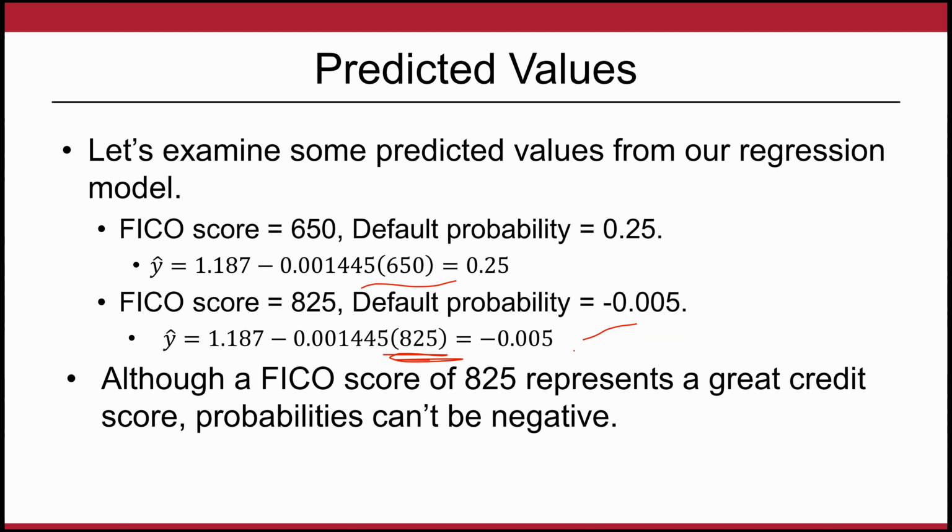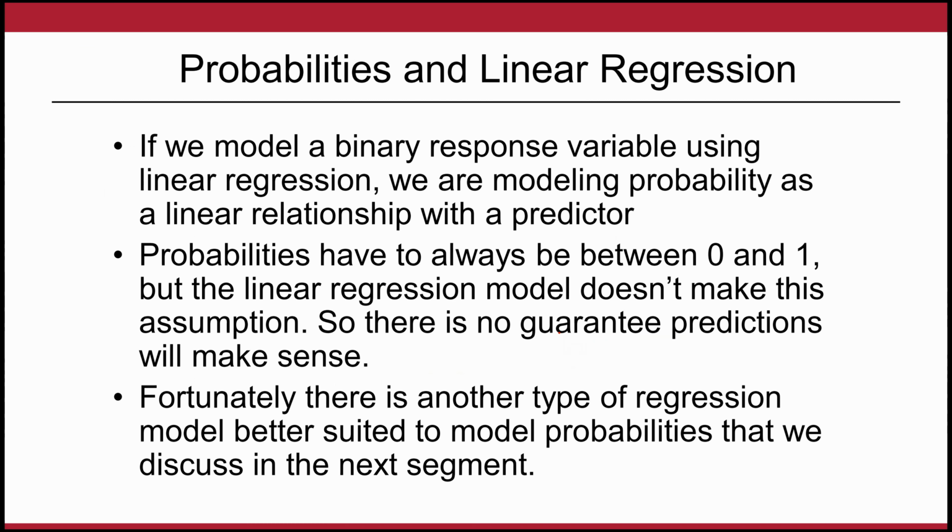Your predictions will not be good, because the linear regression model knows nothing about the fact that y can only take on 2 values, 0 or 1. What you actually end up modeling are probabilities. But again, the model does not know probabilities can't be negative or bigger than 1, so your predictions are going to be absolutely weird. So if you model a binary response variable using linear regression, you're modeling probability as a linear relationship with a predictor. And then the problem with that is that your predictions could be out of range.